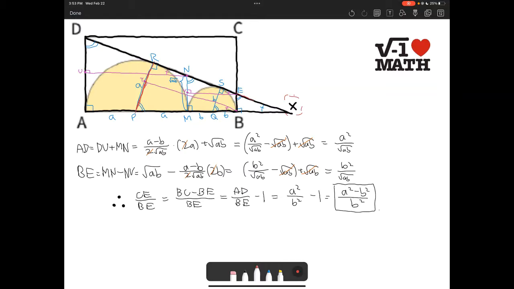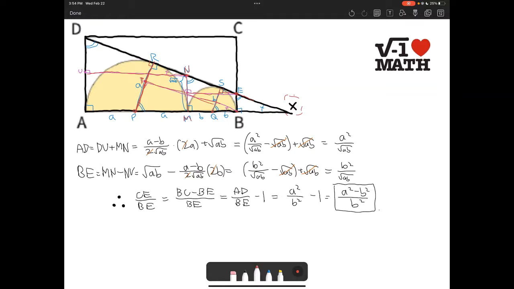But anyways, R is the base of this altitude. S is the base of this altitude, and we've labeled the centers P and Q. M and N you saw. And we're also going to drop perpendiculars from N to U on AD, from E to V on MN, and from B to T on PR.